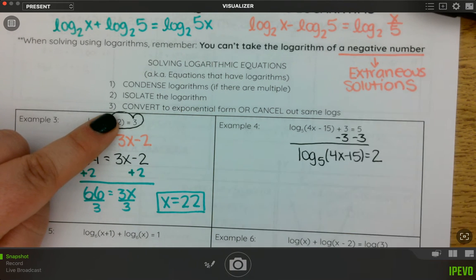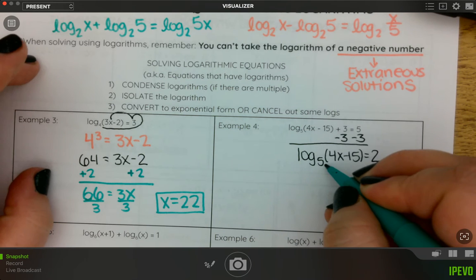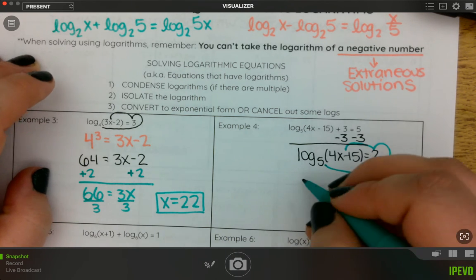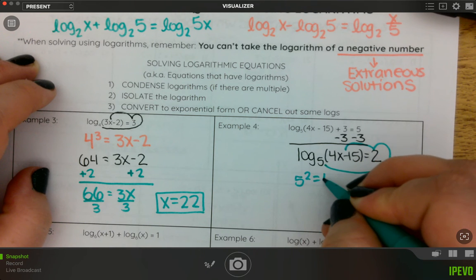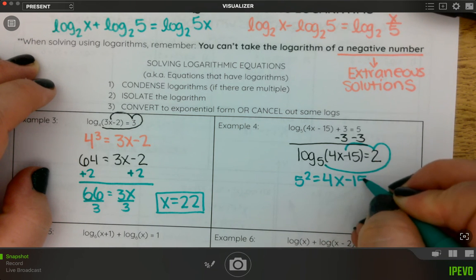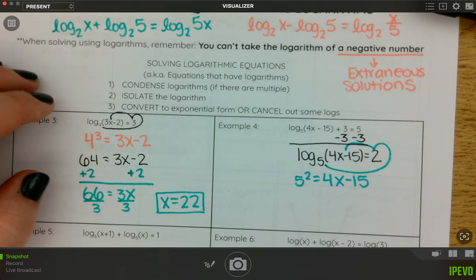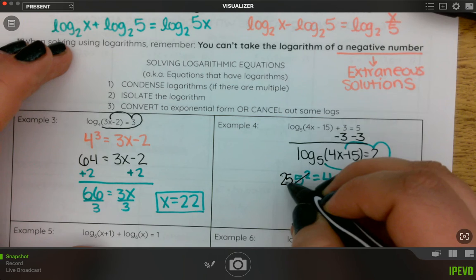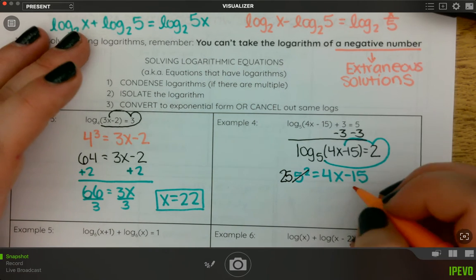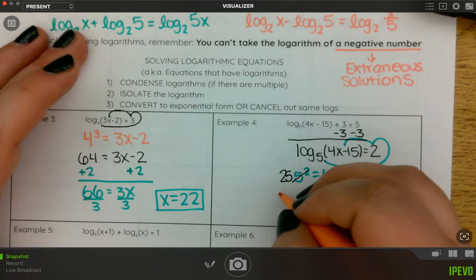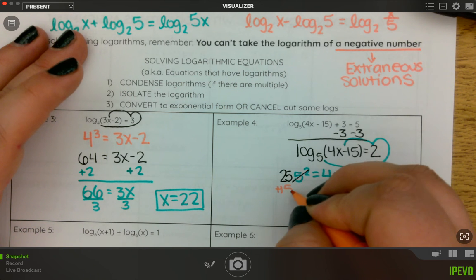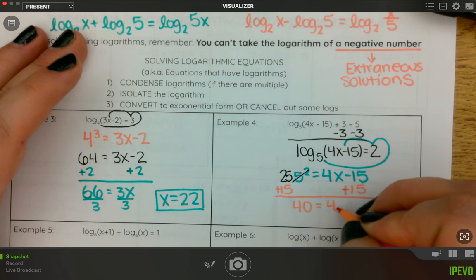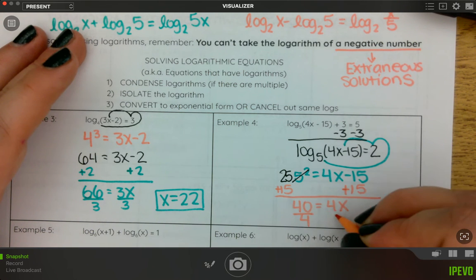So instead I'm going to do that cloud thing. 5 to the power of 2 equals 4x minus 15. Okay, and then I'm going to cross this out and say that 5 squared is 25. And I'm going to add 15 to both sides to get rid of the minus 15. And divide by 4.